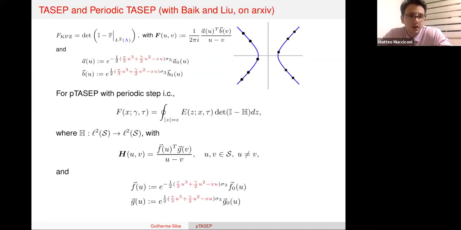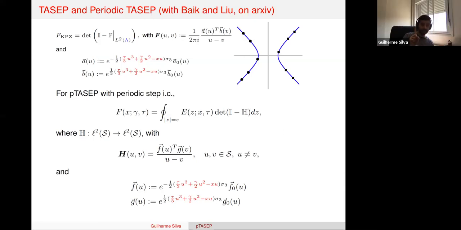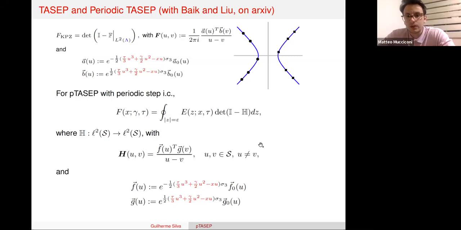I have one question, sorry. Just to make sure, tau is the scaled time, x is the scaled position, and gamma is the scaled height function? No, the scaled position is gamma. The scaled height function is x. Or if you prefer, the distribution variable, right? You look at height functions more than x, right? So x is the scaled version.